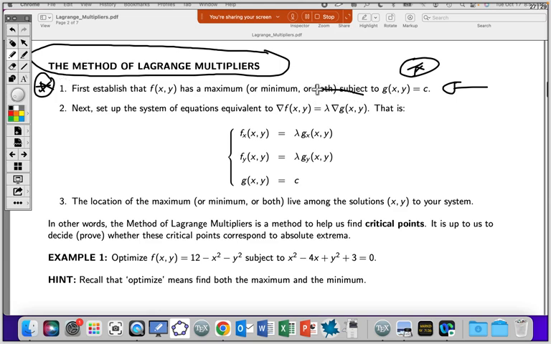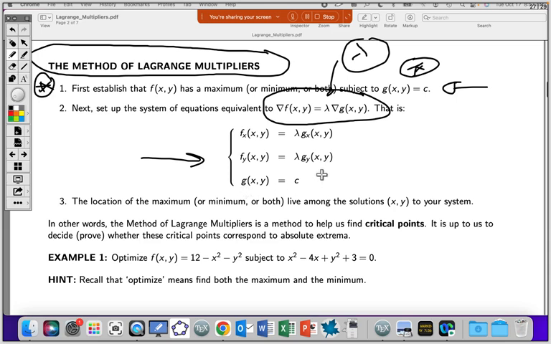Now, if you're in 2 dimensions, this is how you set up the parallel condition between the gradients. You're going to get a system of 3 equations with 3 unknowns, because now you've got the lambda to go after. So you look up how 2 vectors are equal, you equate their components. You've got fx is lambda gx, fy is lambda gy, and g of x, y equals a constant.